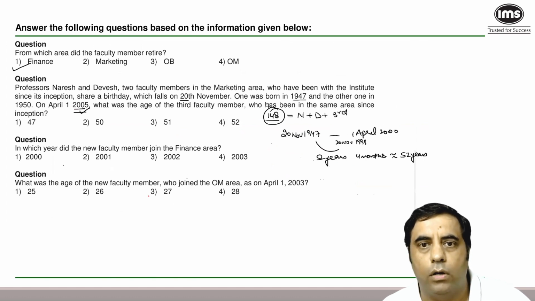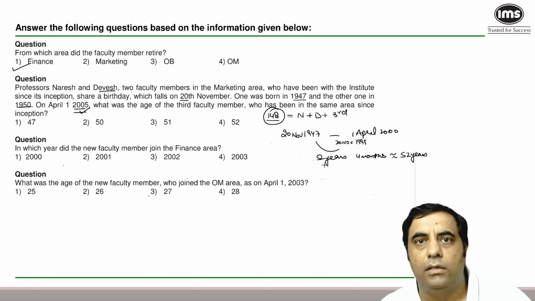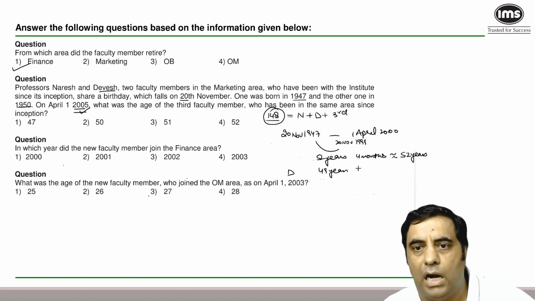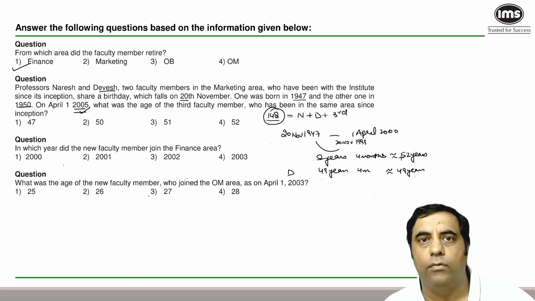Now, if we talk about the age of Devesh, who was born 3 years after that, that is going to be 1950. So the age will be 3 years less. Therefore, it is going to be 49 years and 4 months for Devesh, which will be taken as 49 in completed years. So the combined age of Naresh and Devesh in completed years is 52 plus 49, which equals 101.